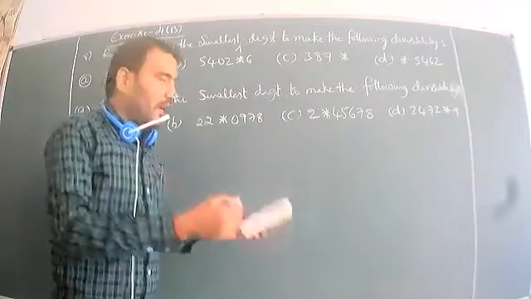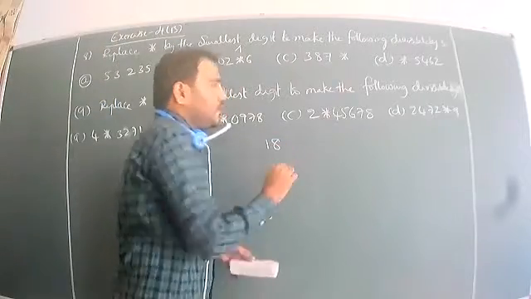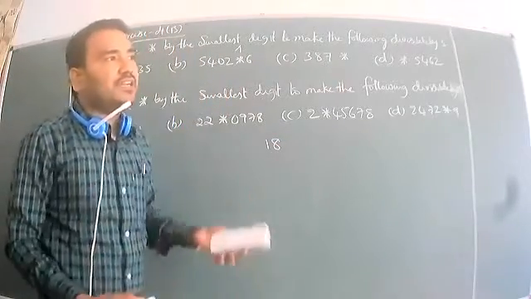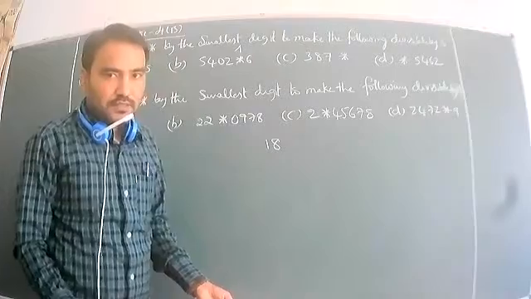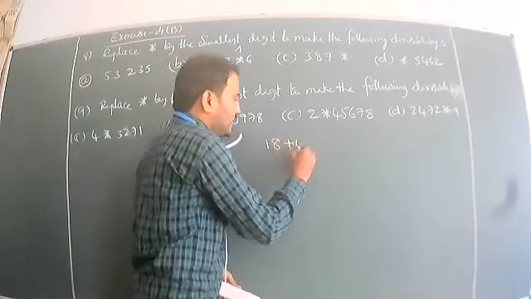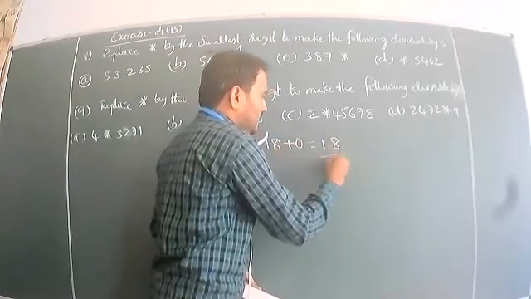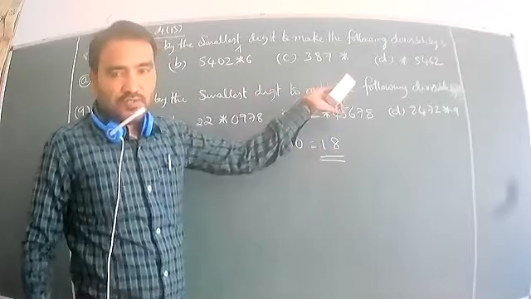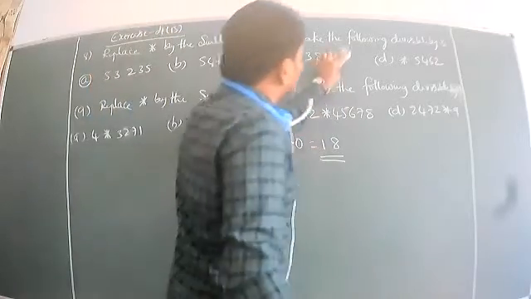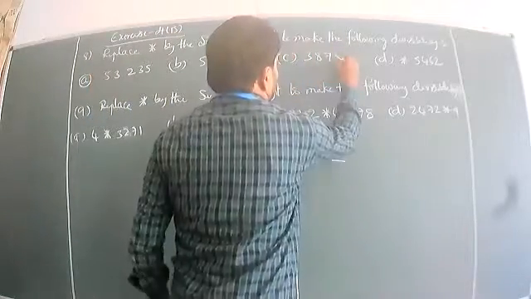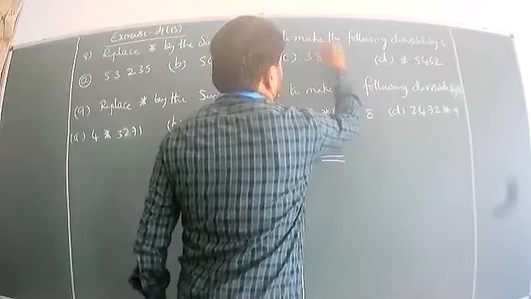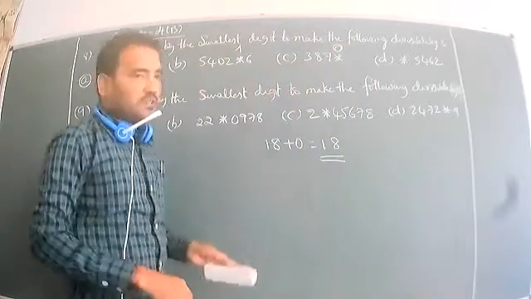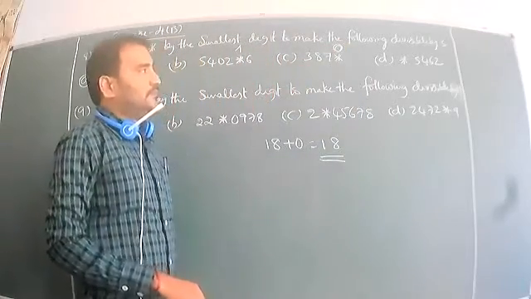The number is 18 as it is, so we have to add 0. It is a 4-digit number, and we should write 0 in this place, so that the number is divisible by 3.